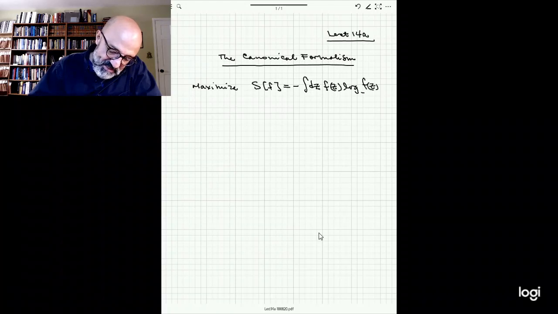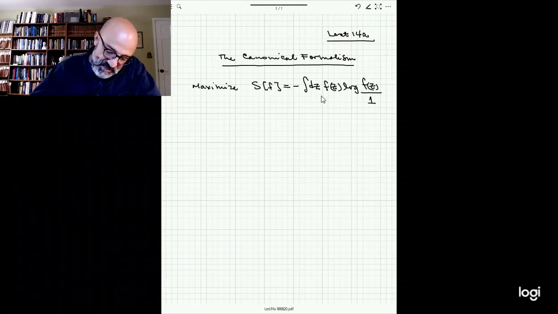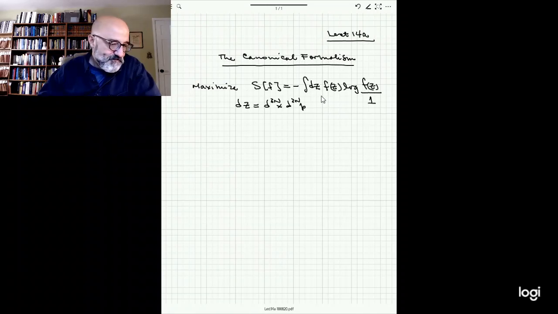It is implicit that there is a 1 there, which says that this is a relative entropy relative to the underlying measure, which is uniform in phase space. The dz that appears here is the integral over 6n coordinates. Very good. We want to maximize this.